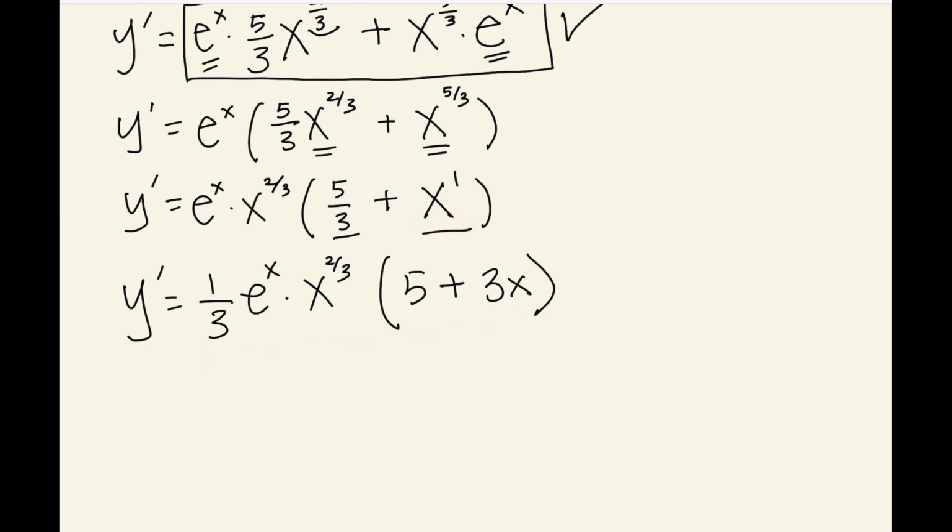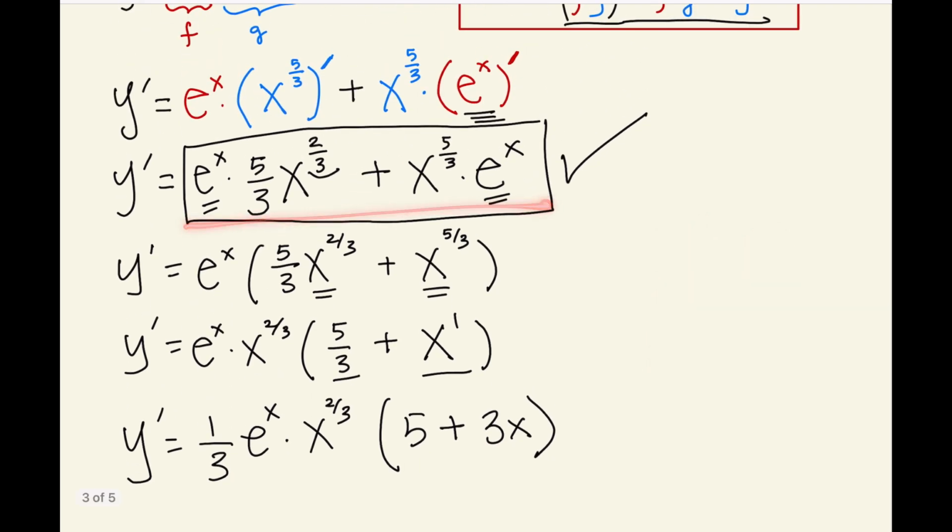Okay, and this would be like a simplified version. So you might be interested in doing this if someone, say, asked you to solve for the values of x for which y prime is equal to 0. Then this is really going to be easy to set equal to 0 and solve for x in this format. But if you're just finding the derivative, this format is fine.